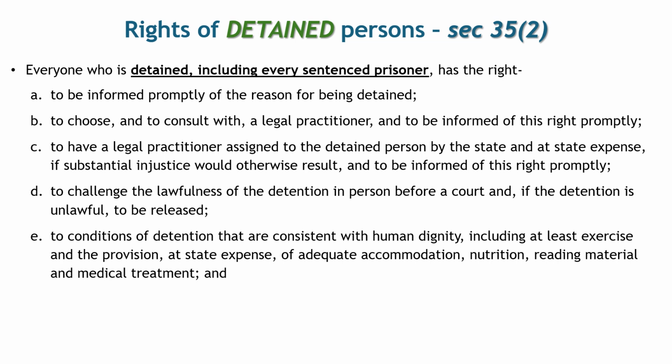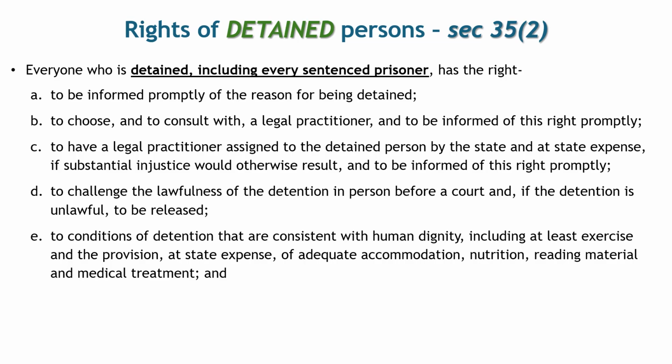Having said that, I can interrupt myself very quickly to say that generally, arrested persons and sentenced prisoners are kept separately. Nonetheless, there are certain conditions of detention that must exist that is conducive to human dignity. And so these include at least exercise and the provision at state expense of food, accommodation, reading material, medical treatment, and so forth.